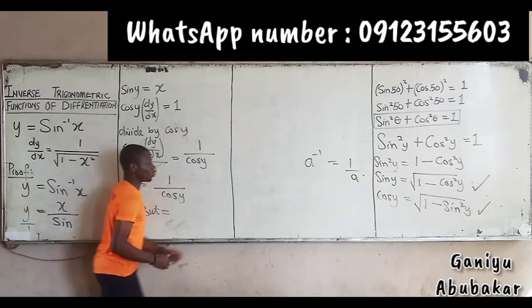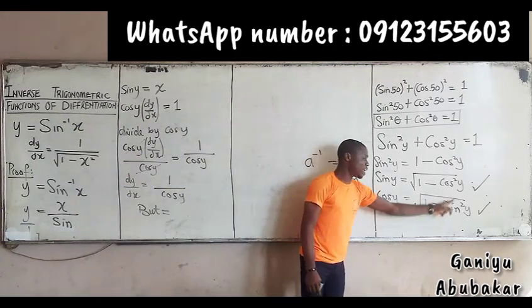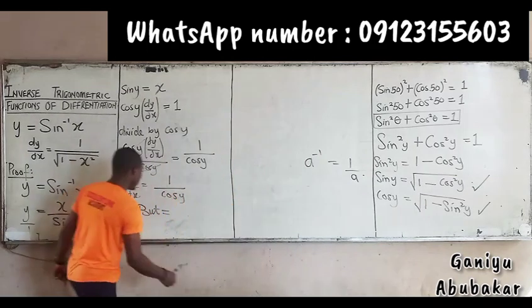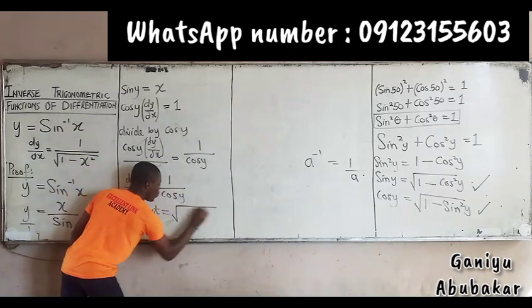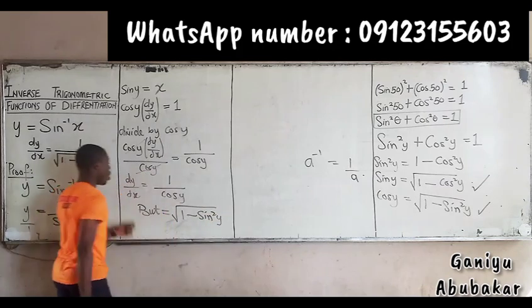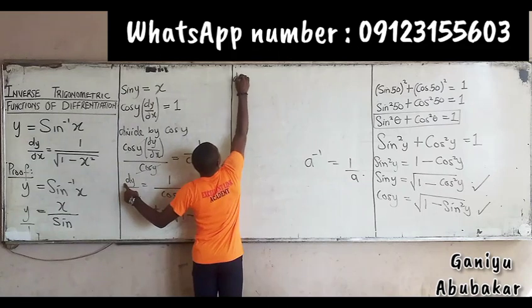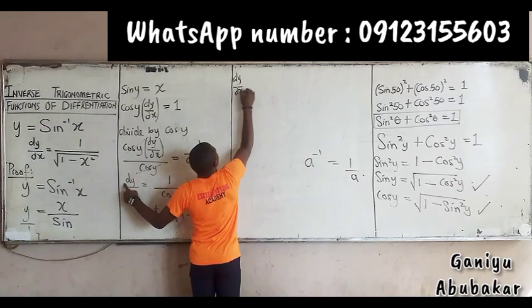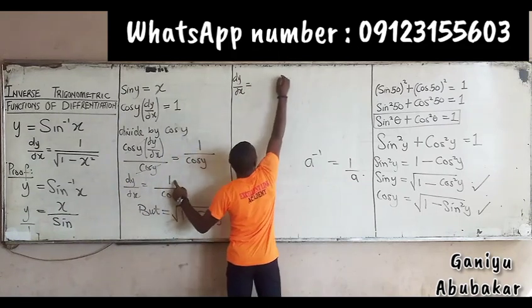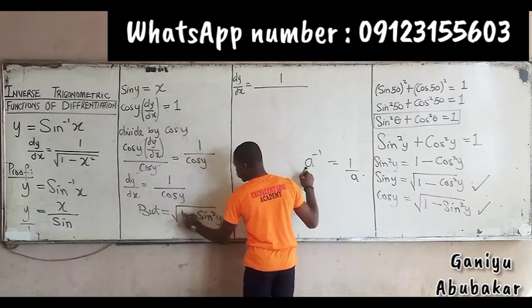But we just said cos Y is what there? Root 1 minus sine squared Y. That's root 1 minus sine squared Y. Of course, put this one here. I'll have that dy over dx is equal to 1 all over cos Y, which is equal to what?